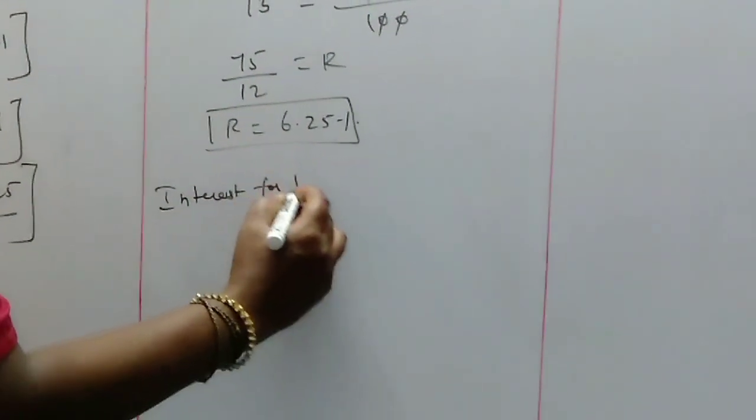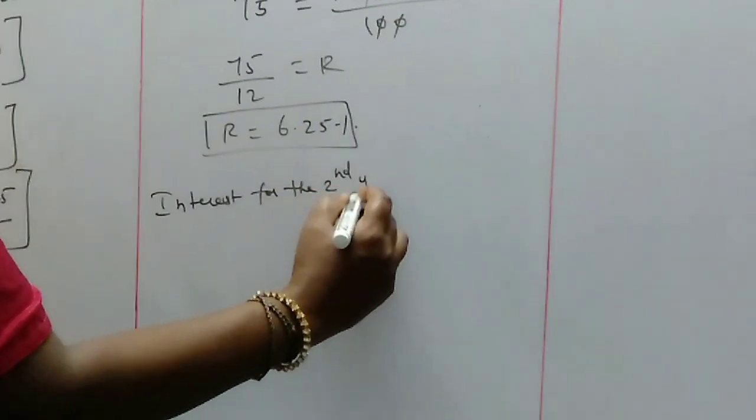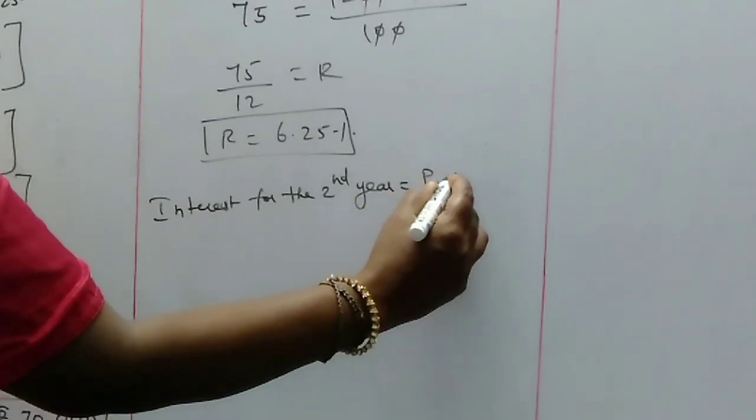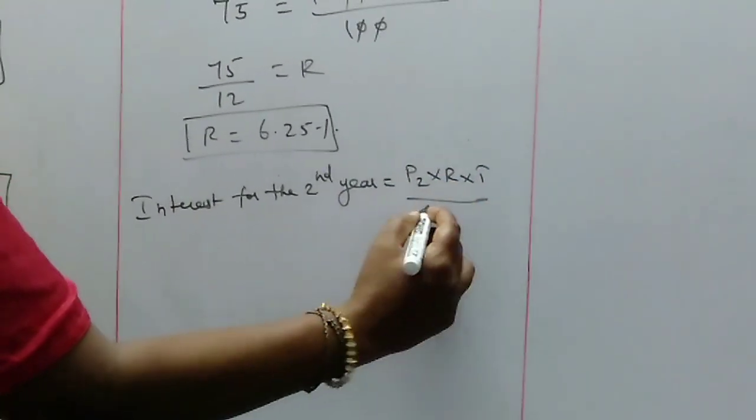Interest for the second year, the same formula: P2 into R into T by 100.